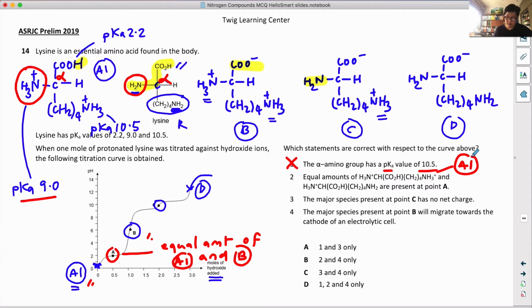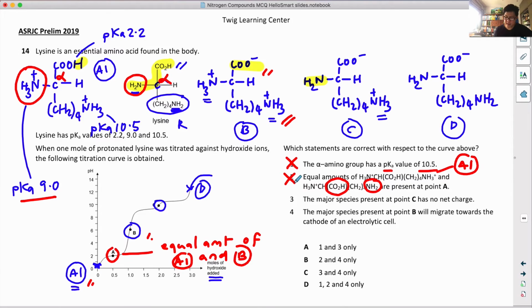So what is B? This part here is supposed to be NH3 plus, and this one is supposed to be COO minus. But it's not. So this one is also out. You have A1, but it didn't draw B for you.